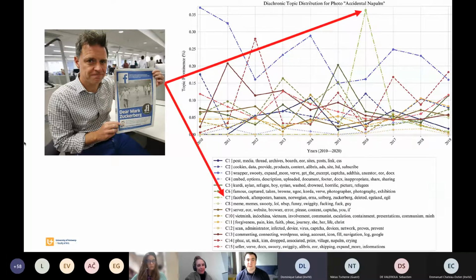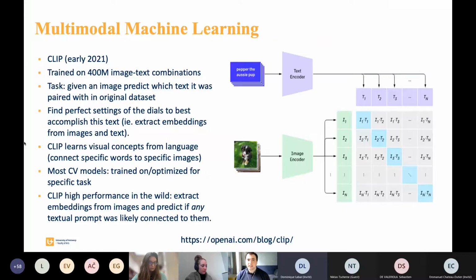But of course, it's also a very relevant image to commemorate the Vietnam War. So I think this shows how different text can give lots of different meanings to an image, and they all contribute to the digital circulation of images.